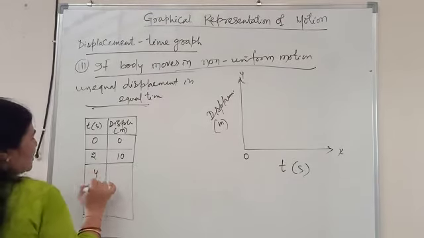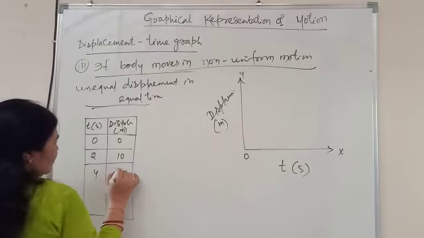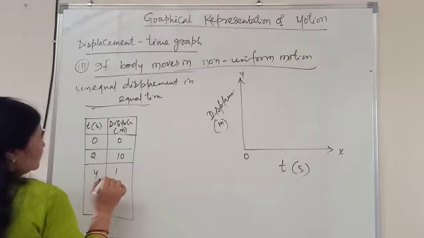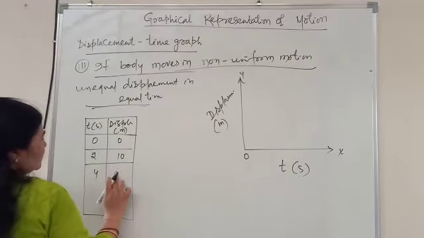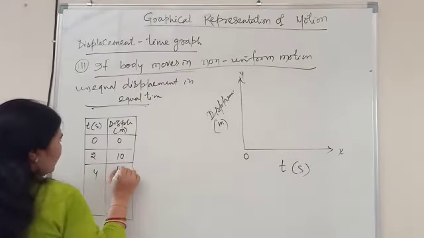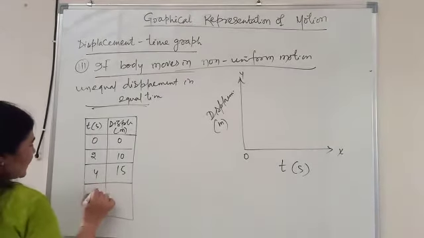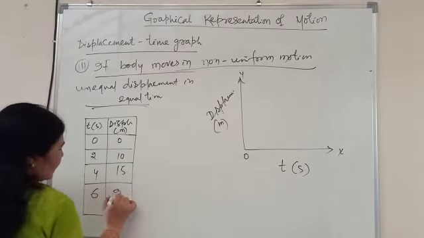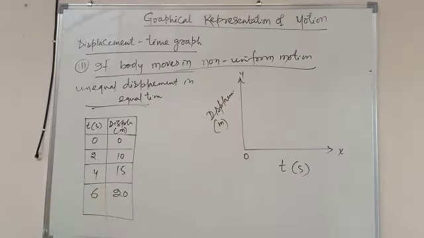When the time is 4 seconds, the displacement becomes 12, okay, 15 meter. When the time is 6, it equals, let's suppose, 20. So I have plotted some points here.